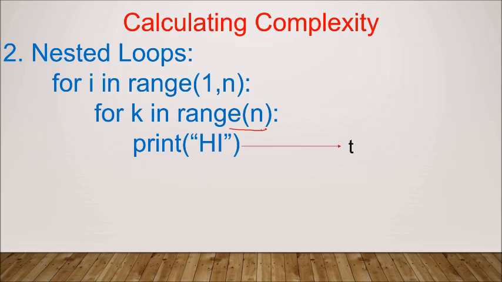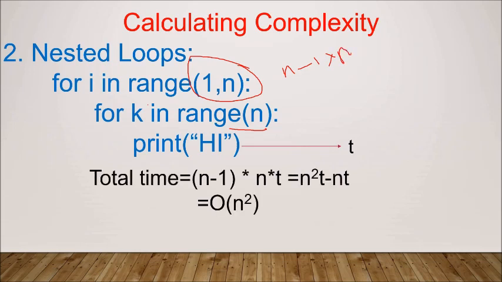The outer loop runs n times, and the inner loop runs n minus 1 times. So the total time required will be n minus 1 into n into t, because t is a constant time. When we open it, it results in n square t. Here the dominant term is n square t. So the constant is ignored and the big O notation will be n square.